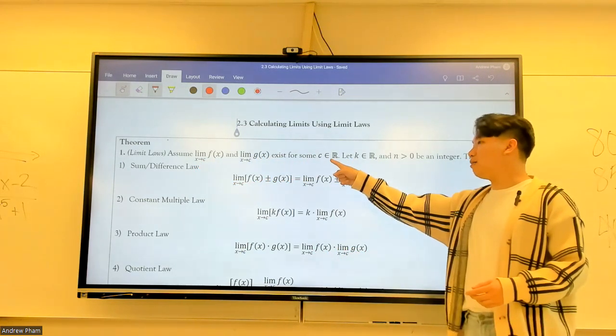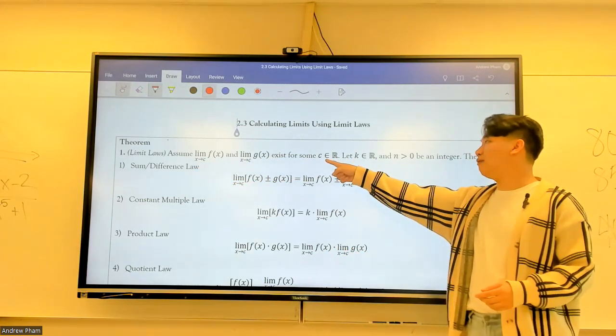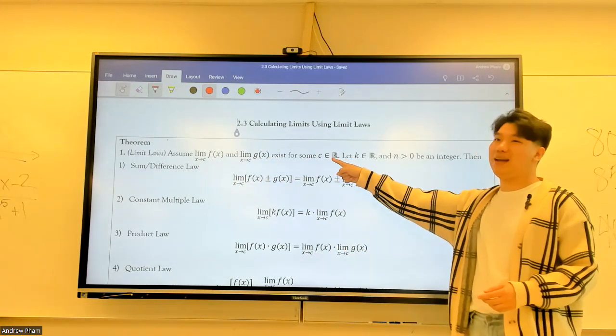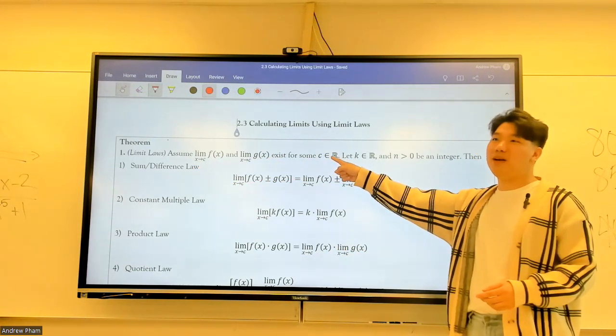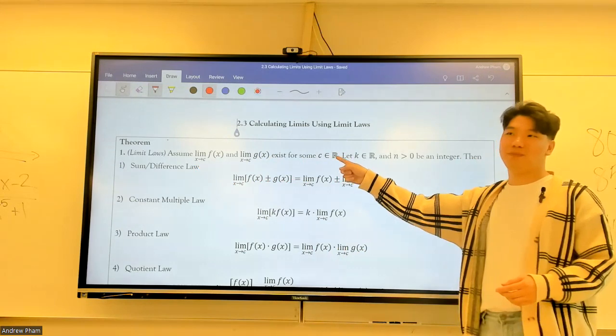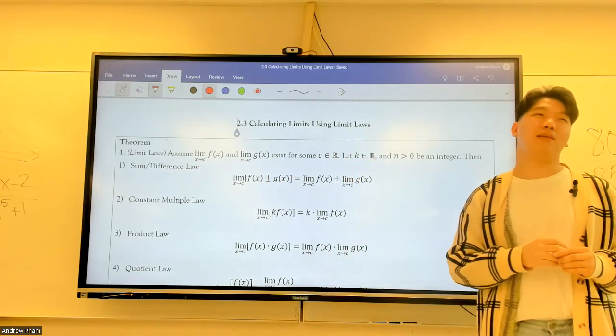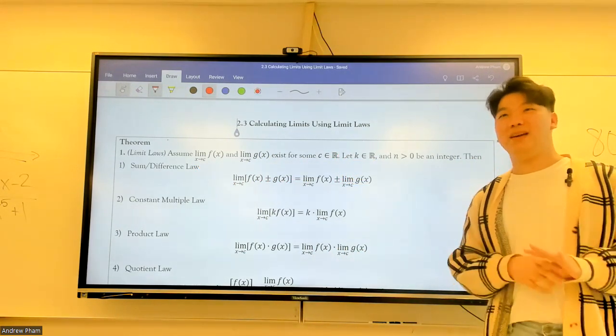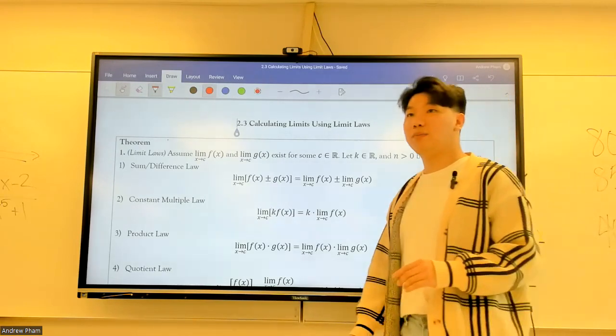So I want to take a pause here. Does anyone know what this symbol right here means? C and this little weird symbol in the middle, an R. Has anyone ever seen that before? You probably haven't, but what was that?